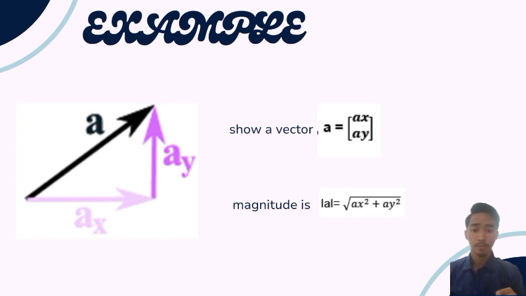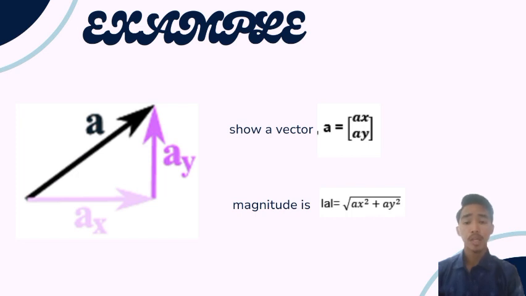This example shows a vector A which comes from two vectors, ax and ay, representing the graph. When we write a graph, we have an x intercept and y intercept, which are a horizontal and vertical line. The vector can be illustrated like that too.